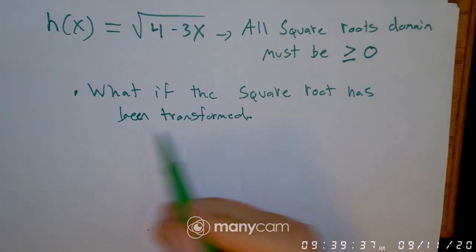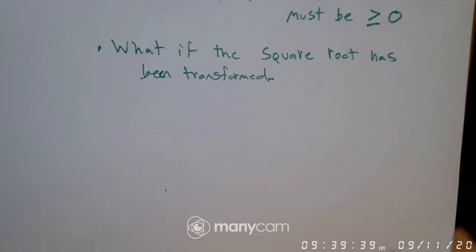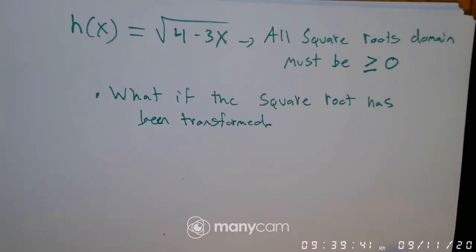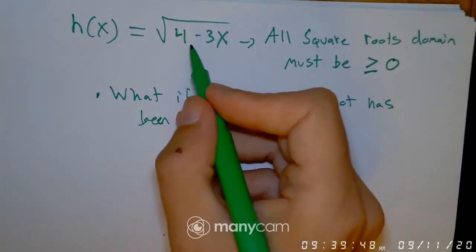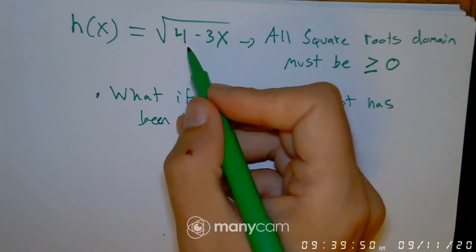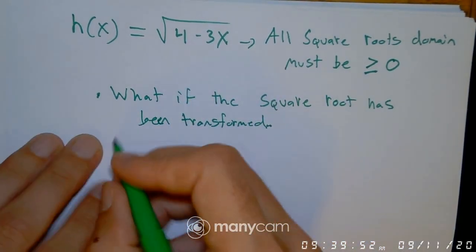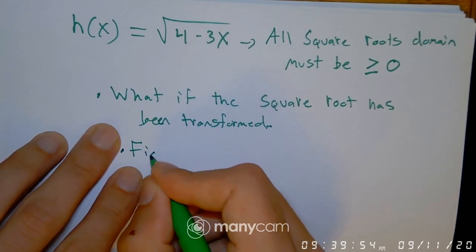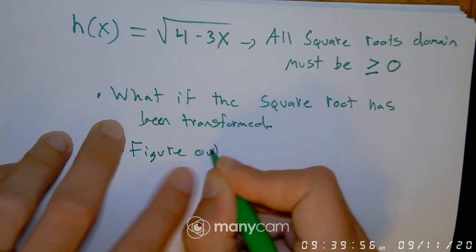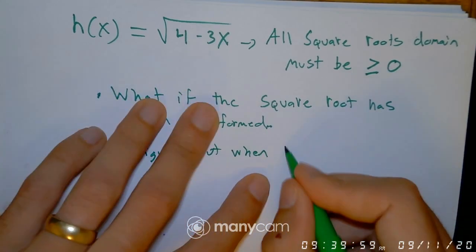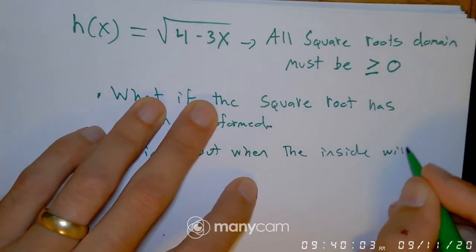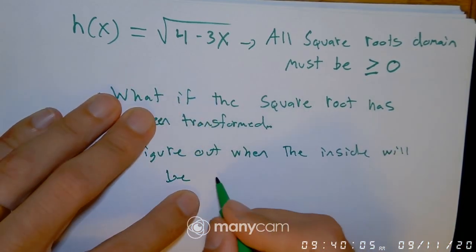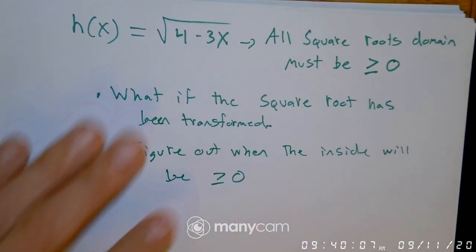What if the square root has been transformed? Then all we're going to do is figure out when the inside will be greater than or equal to 0.